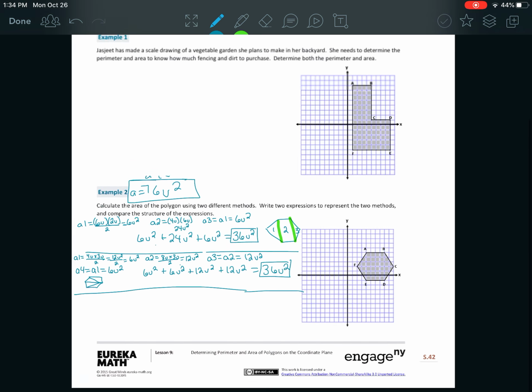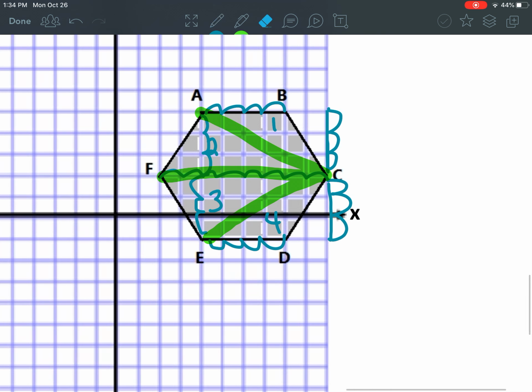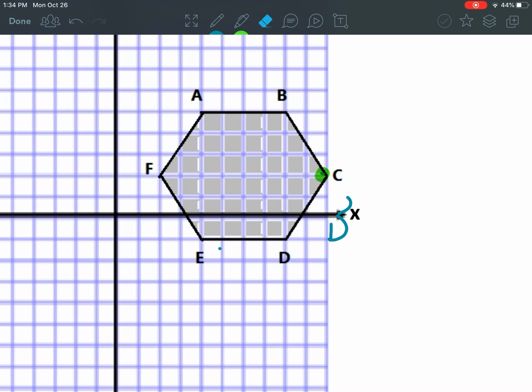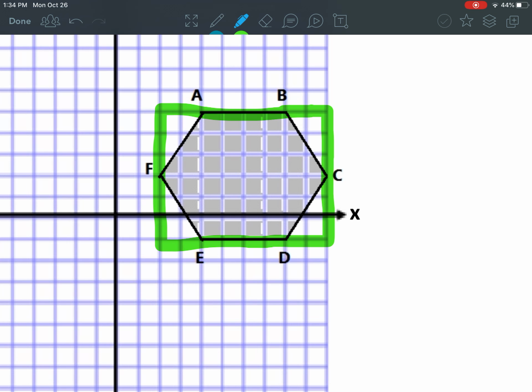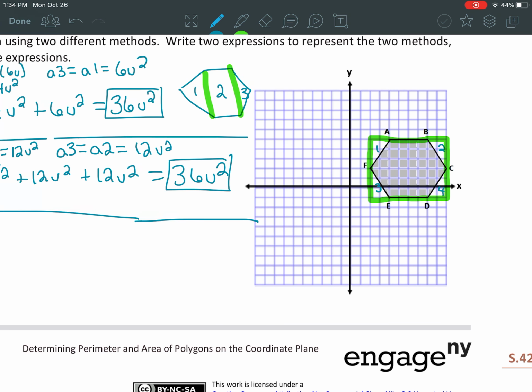And I'm going to erase again, because there are so many different ways we can do this, guys. So this one is one that I like. We make a box around it. So what we're going to do is find the area of the whole box, and then find these little pieces, and take those little pieces off.